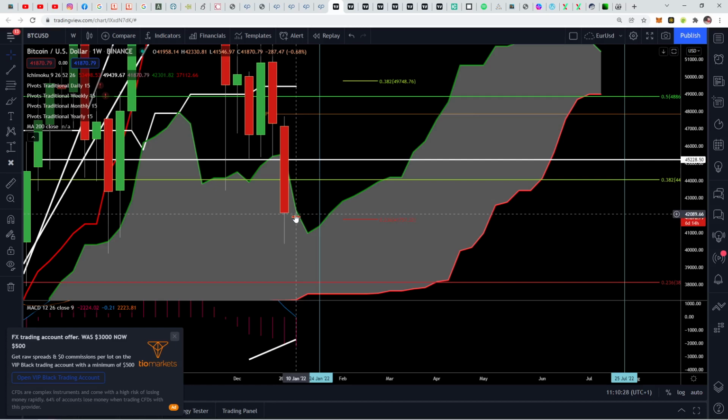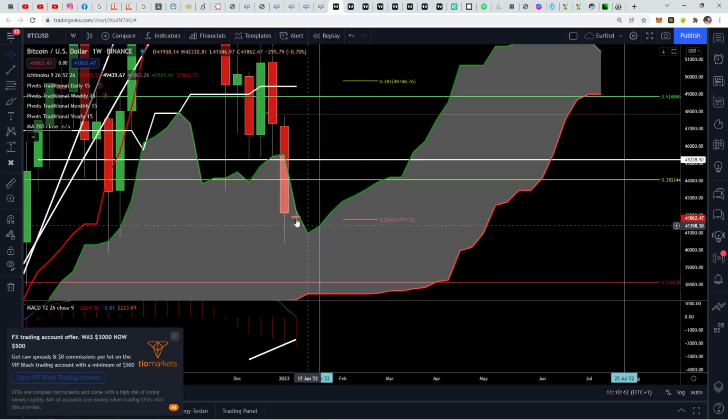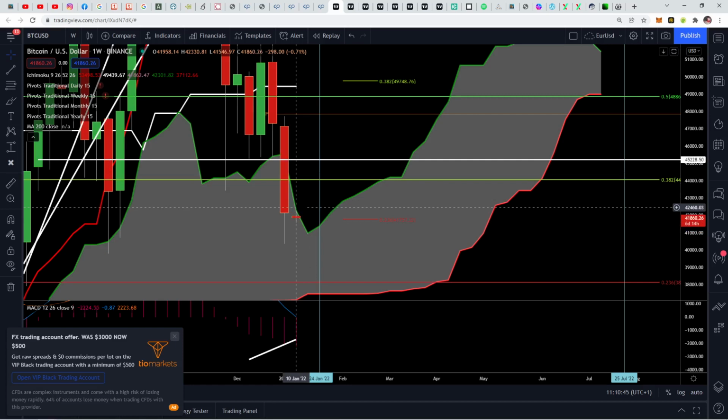You can see this upper band of the cloud is currently at 42,300 approximately. So that's where the edge of this cloud is, and that's what price has to breach to gain momentum the other way up in the bullish territory.